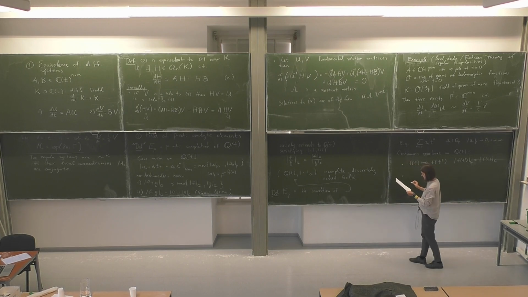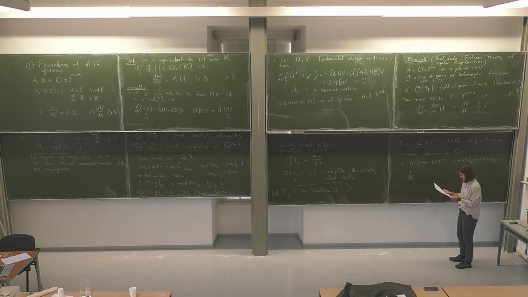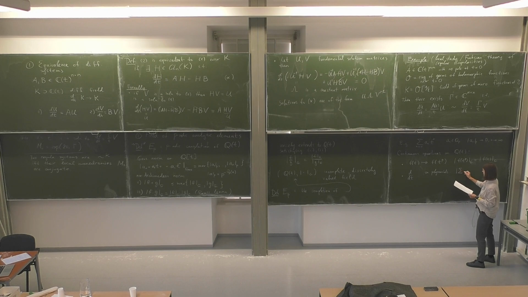And secondly, the derivative. It's again continuous. Let's check it on polynomials first. On polynomials, the derivative of a polynomial looks like this.